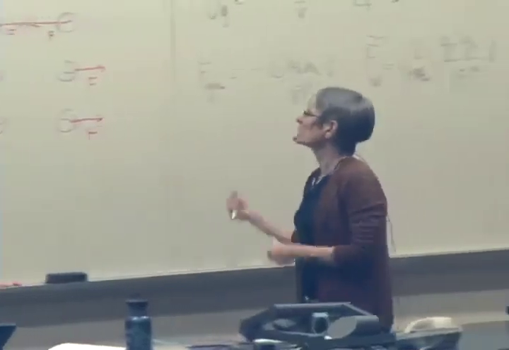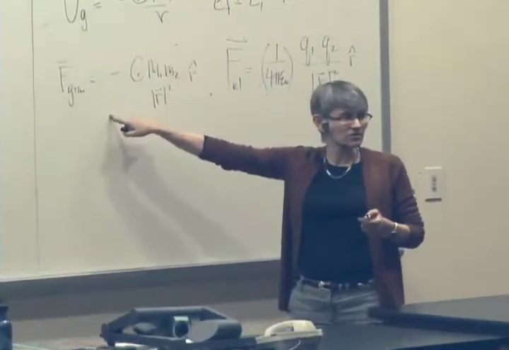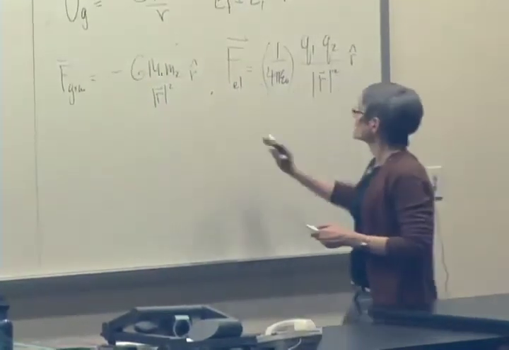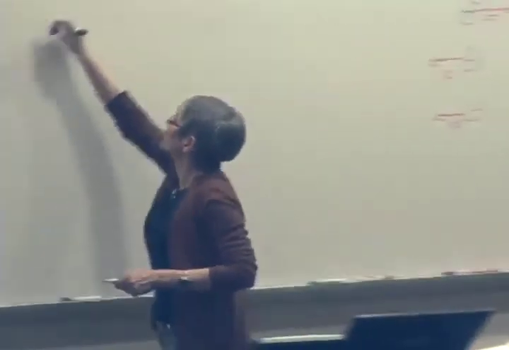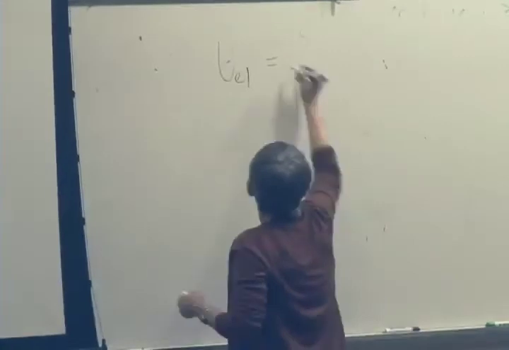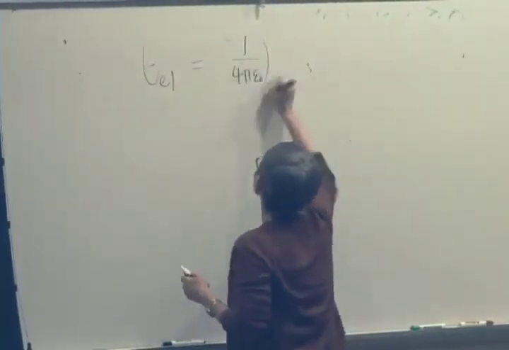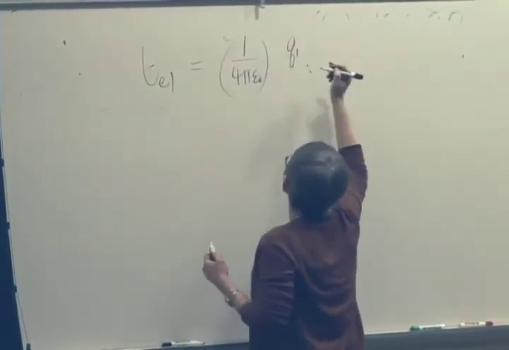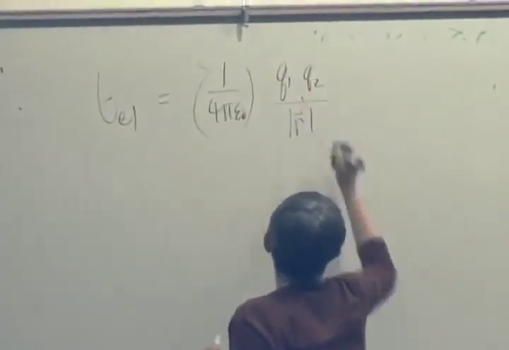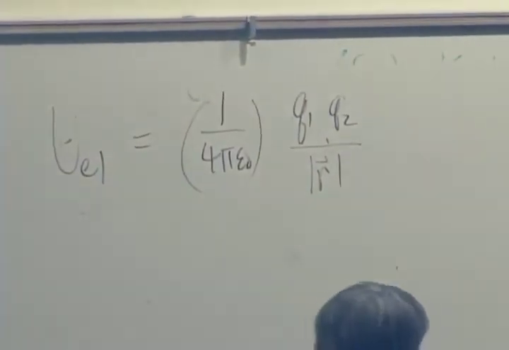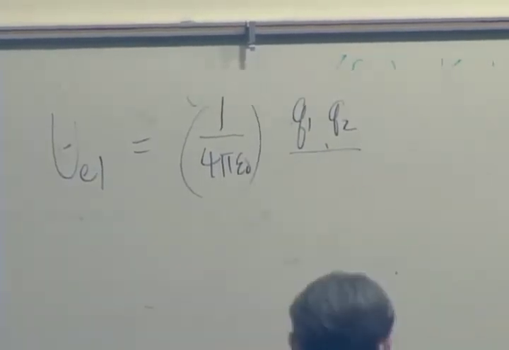So we go through the same kind of argument, it's in the book and I'm not going to derive it here, we went through to get this gravitational potential energy for this force. And we find that the electric potential energy ends up being, we've got the 1 over 4 pi epsilon 0, the charge of object 1, the charge of object 2, the distance between them, which we can also just write as an undecorated r, the magnitude of r.